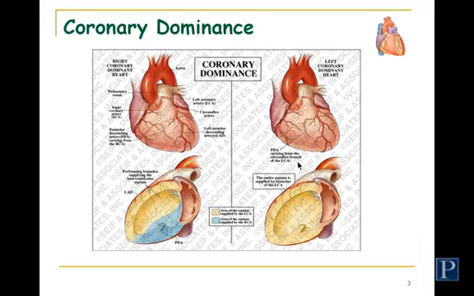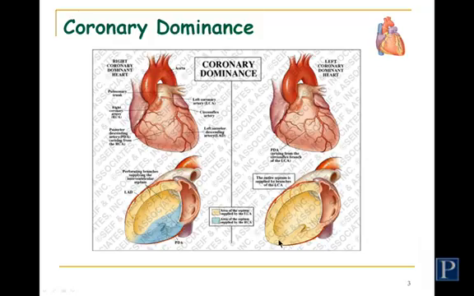So this is not as common, which is a good thing, because if you look at the pictures below, if I have a right coronary dominant heart, you see parts of the septum getting blood from the left anterior descending artery and the posterior descending artery.